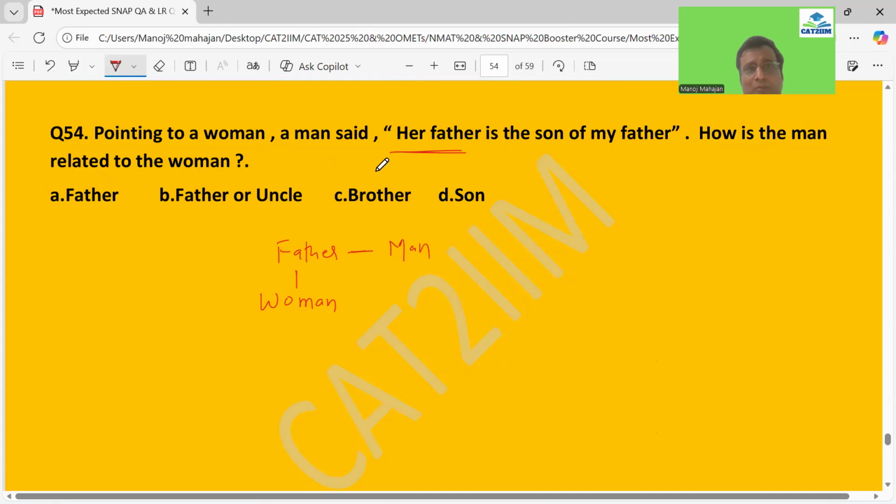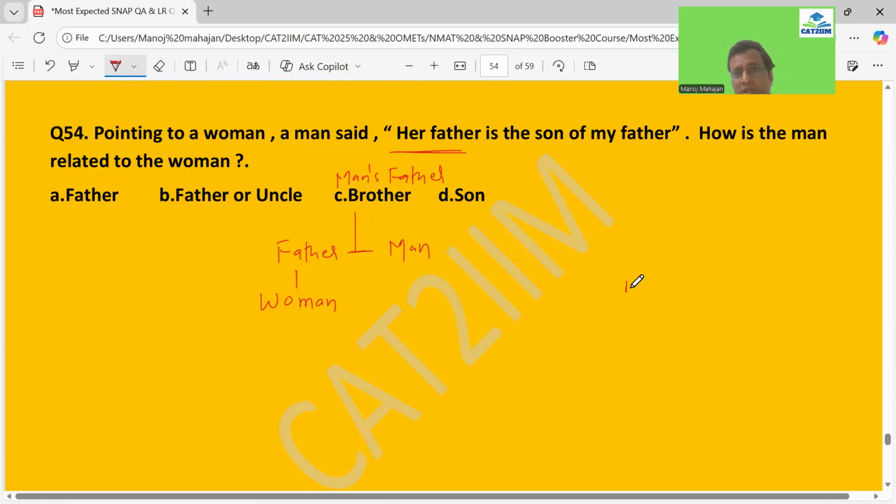So a man said the woman's father is the son of my father, right? And so if you look over here, man's father, can I put over here, right? In that case, of course, how would the man be related to the woman? He would be uncle. So uncle people will be able to figure out. So one of the choices should have been given as uncle over here. So it would have made it a little difficult for people to get it correct, right?